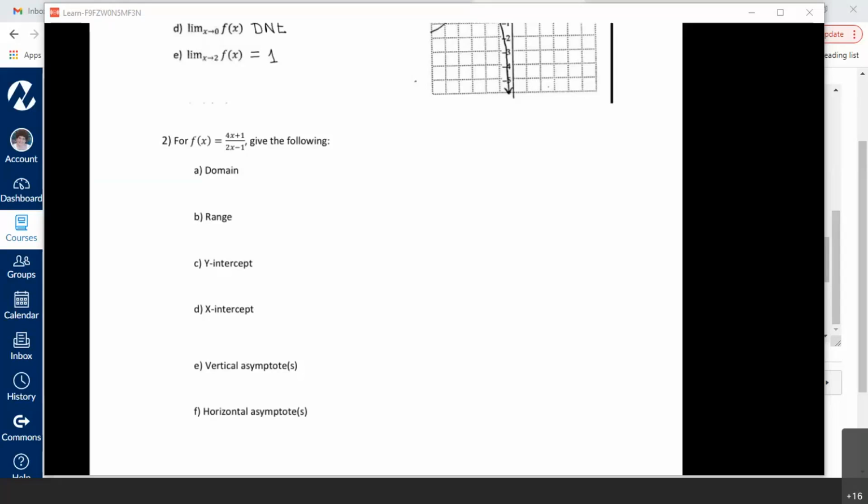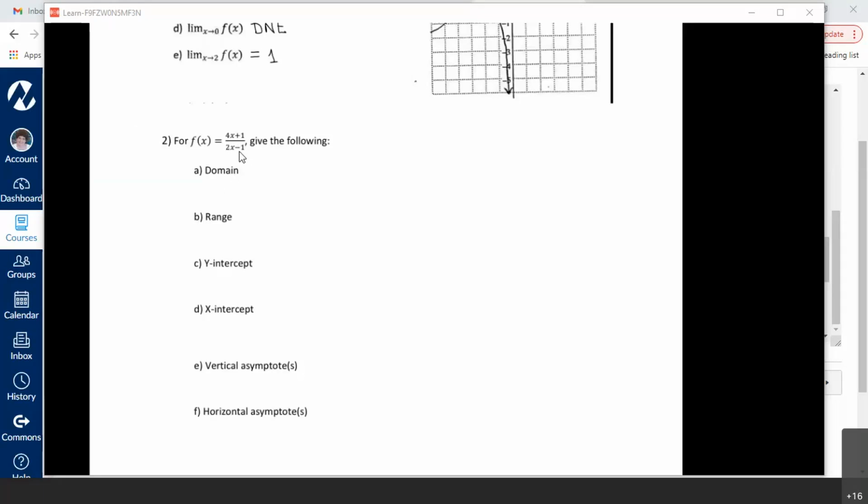No domain restrictions on polynomials or exponentials. They have all real numbers as inputs.